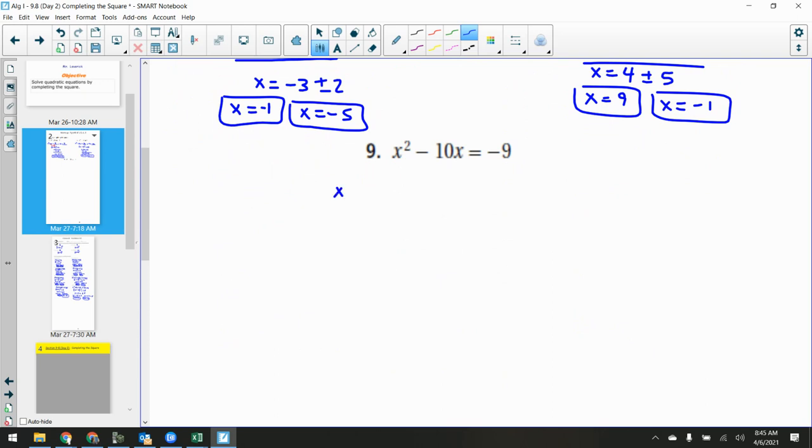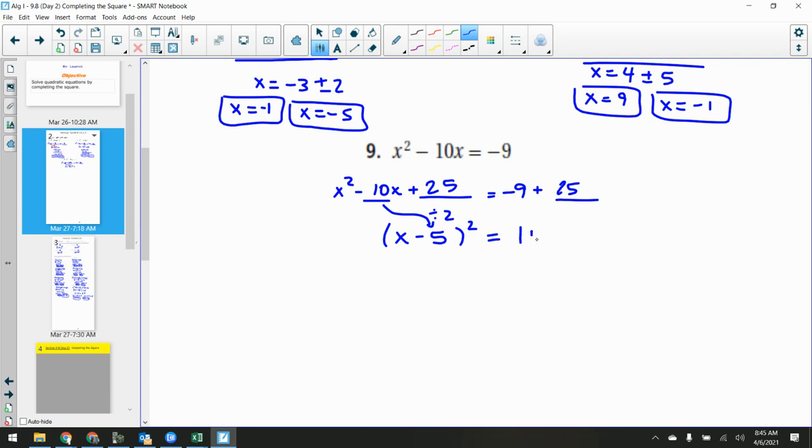Okay, first 2 steps are done. Let's leave a little room. Fill in my blank. What's my magic number? 25. Half of negative 10 is negative 5. Squared is positive 25. So it's 25. All right, so that means I've got an x minus 5, again, negative 10 divided by 2.